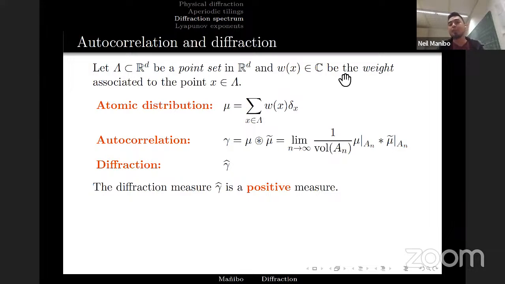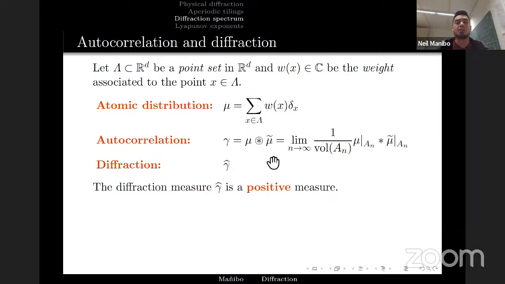Normally, for diffraction, if you have finitely many atom types, you just let w depend on what kind of atom it is. For the Fibonacci example, w only depends on whether it's an A or a B, whether it's a red tile or a blue tile. Now, what you do is build what we call a Dirac comb. It's a measure supported on your point set, weighted by your chosen complex weight function. This w just distinguishes different atom types, so this now models your atomic distribution.